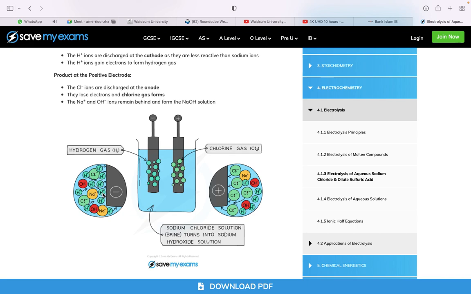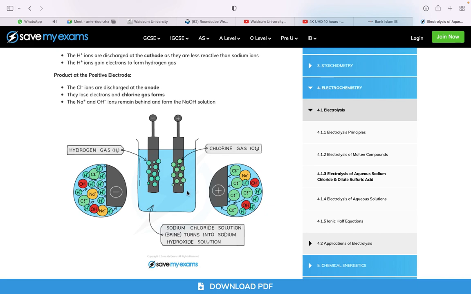Now, during migration, once the electrolyte is dissolved into positive and negative ions, they will migrate to their opposite sides. The positive ions will all migrate to the negative electrode, which is called the cathode, while all the negative ions will migrate to the positive electrode, which is called the anode.